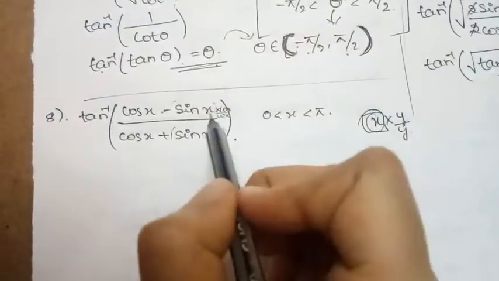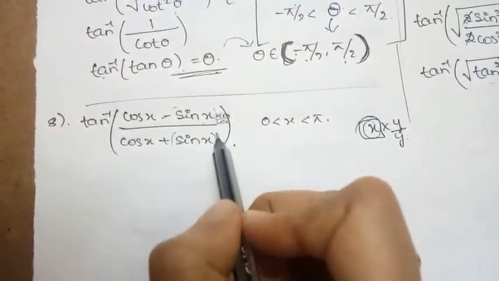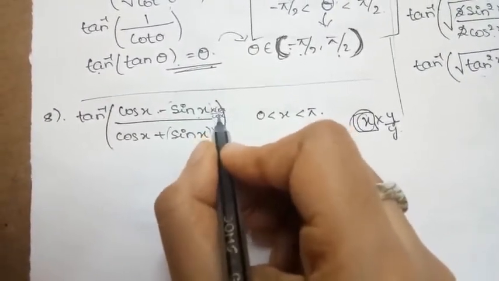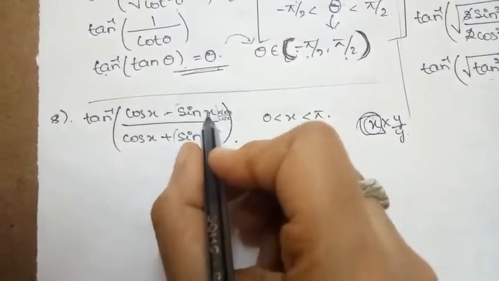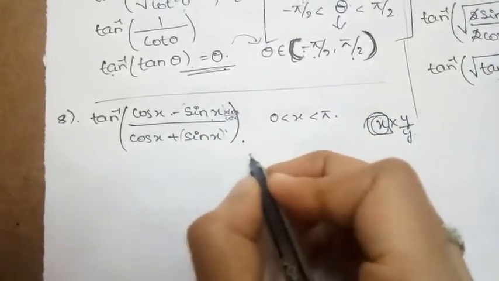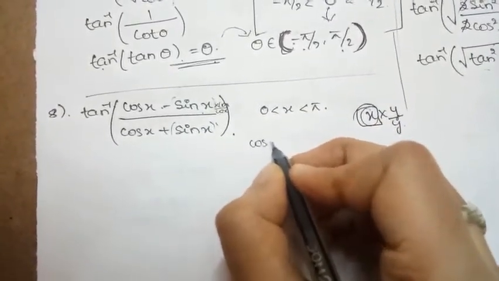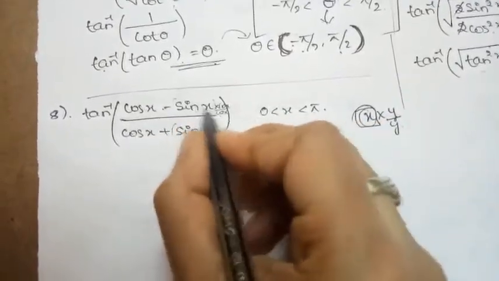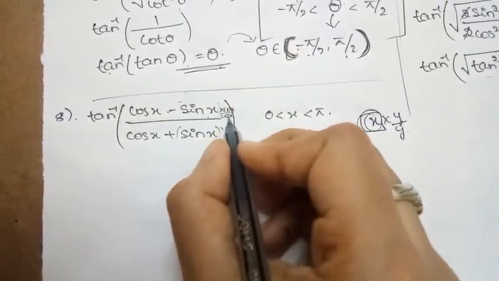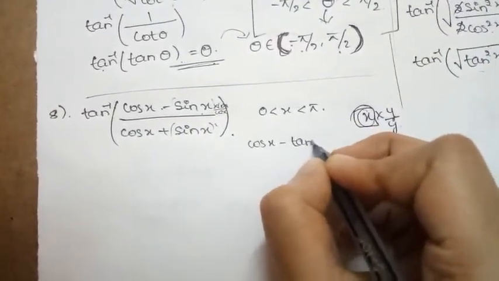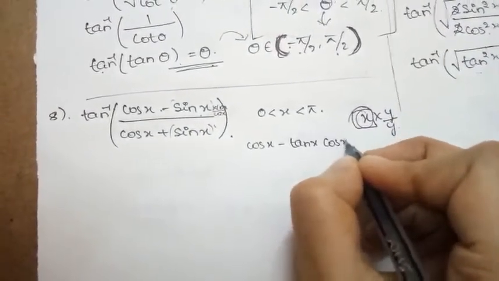So I am doing that for sin x in both numerator as well as denominator. If I multiply by cos x and divide by cos x, sin by cos is tan. So what we have now is cos x minus tan x into cos x.